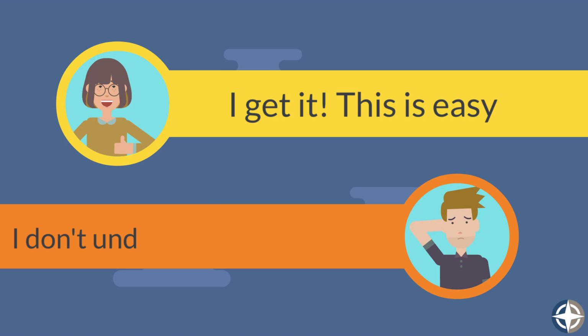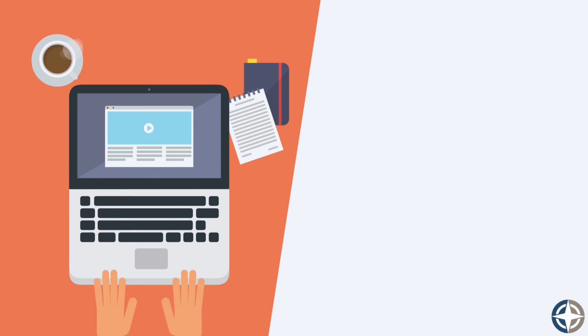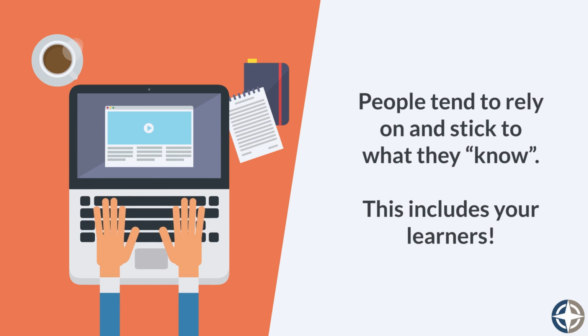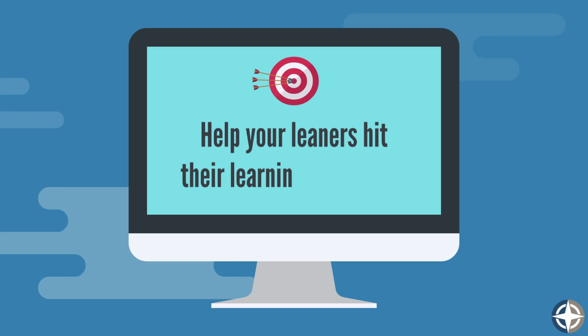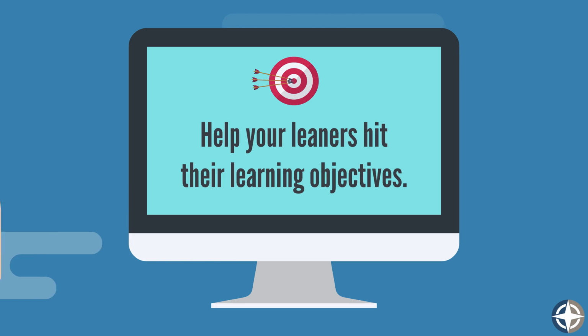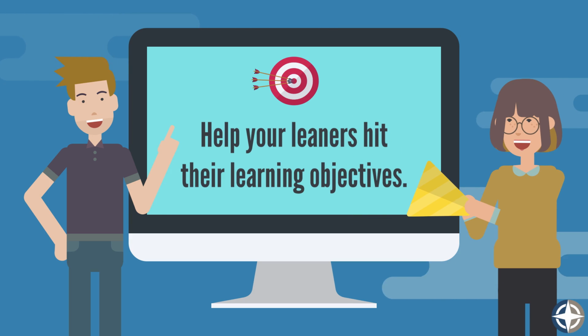However, if it does not, then the learner might find themselves feeling frustrated or discouraged. People tend to rely on and stick to what they know, and learners often operate in much the same way. Although much of e-learning involves innovation, understanding your learner or target audience and the mental models they may already have can help facilitate the learning process.